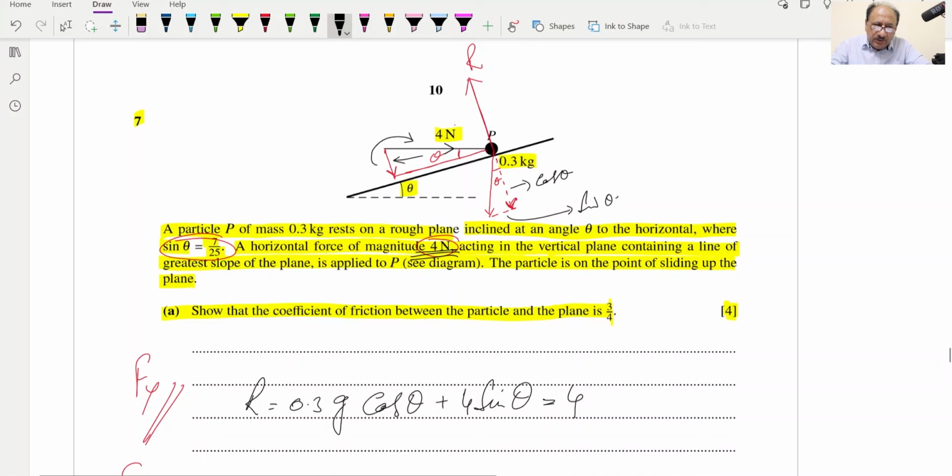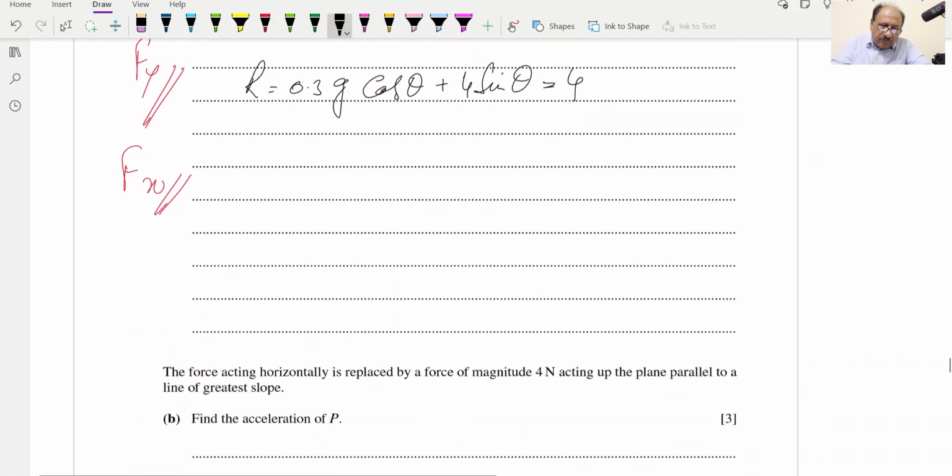Force will be equal to 4 cos theta will be this one, cos theta of this force, and minus 0.3 g sine theta, and we can write F force will be equal to 4 cos theta minus 0.3 g sine theta, and this is equal to 3.